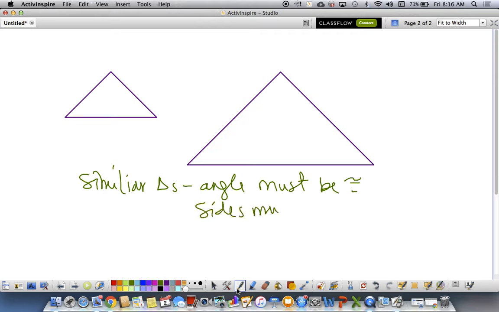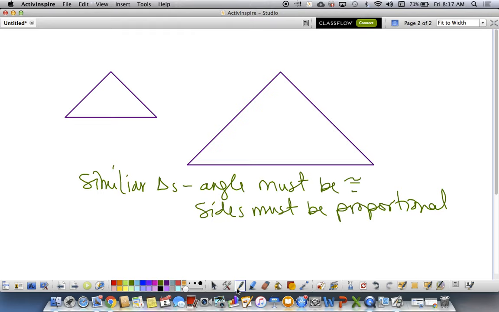Sides must be proportional. Okay? Alright. Corresponding angles, corresponding sides are just the ones that go together. Right? We're pretty much done.